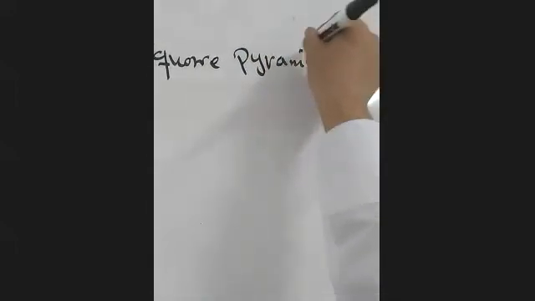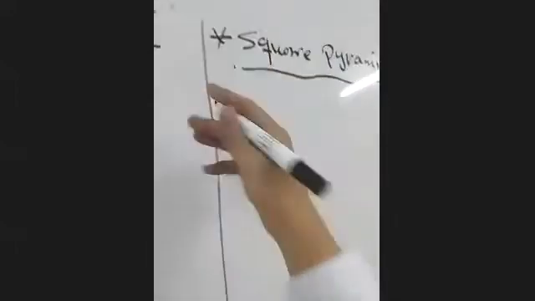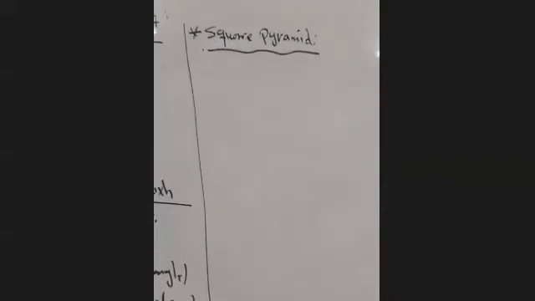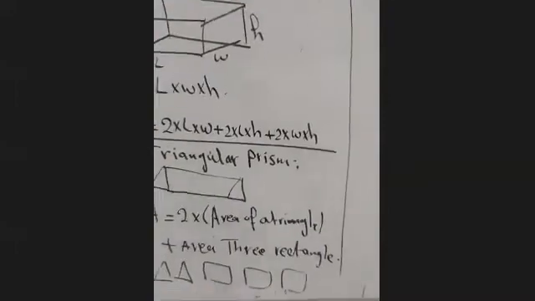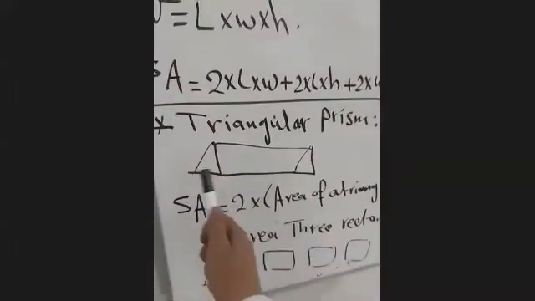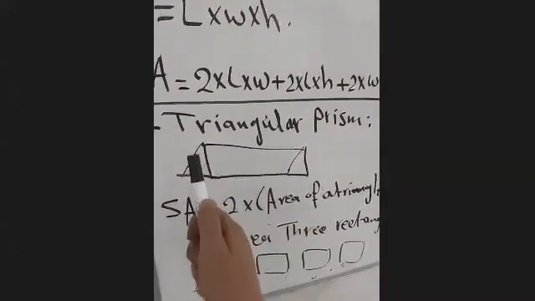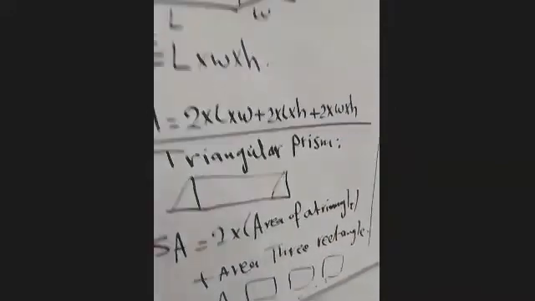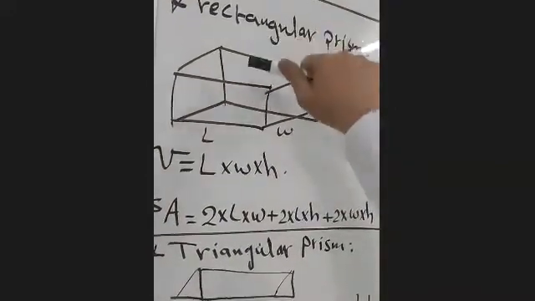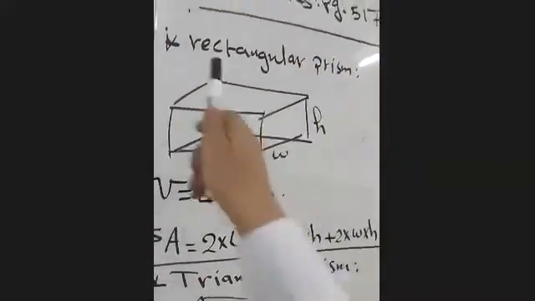Now, what is the square pyramid? We name the pyramid depending on its base, like the prism. For the prism, if the bases are triangles, we say triangular prism. If the bases are rectangles, we say rectangular prism. Same here.